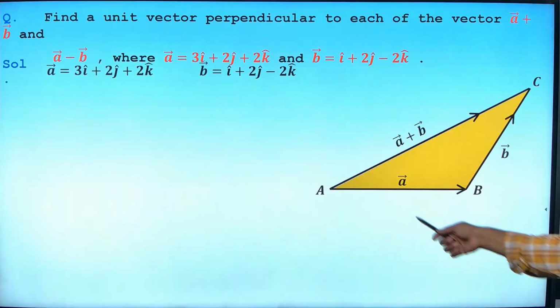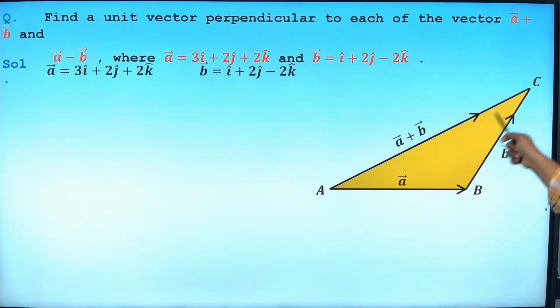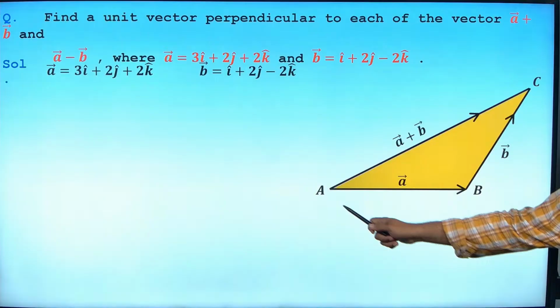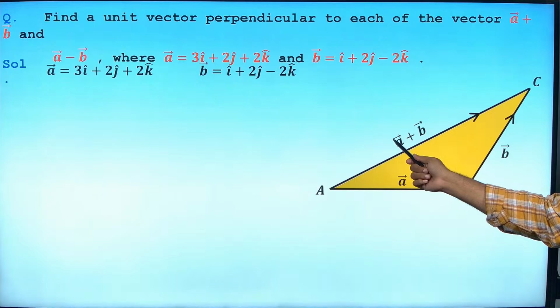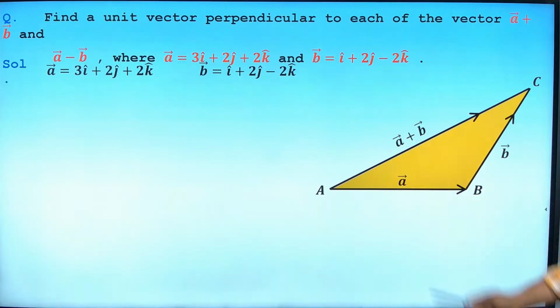If I have A vector and B vector and I know the resultant is going to be, see the logic I said: I'm standing at A, I want to go to C, so I can easily go along AB which is not opposing me, and I can go from B to C, so this will be A plus B. Correct?